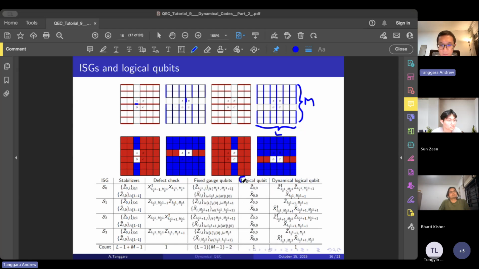And I'm still gonna have this original logical qubit, which are gonna be this guy and this guy. That's Z bar and that's X bar.